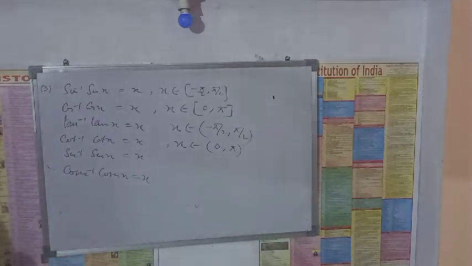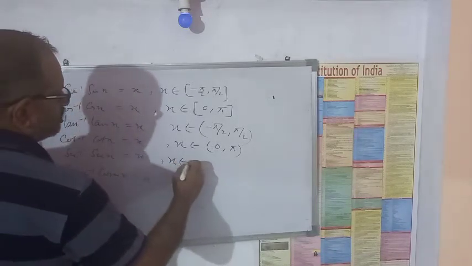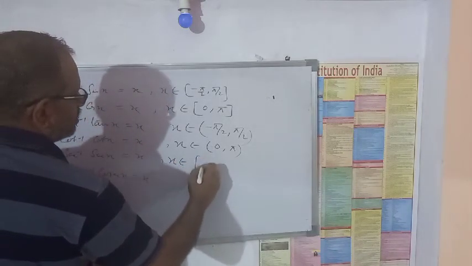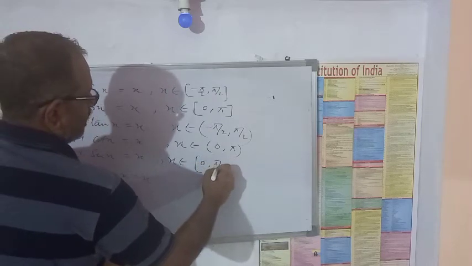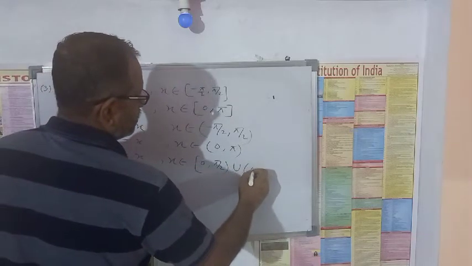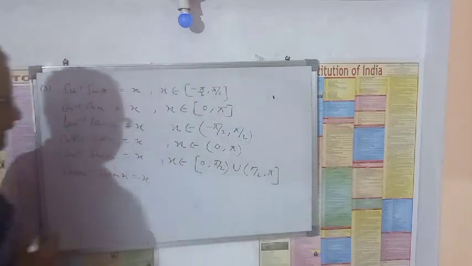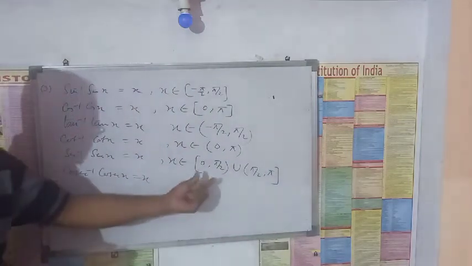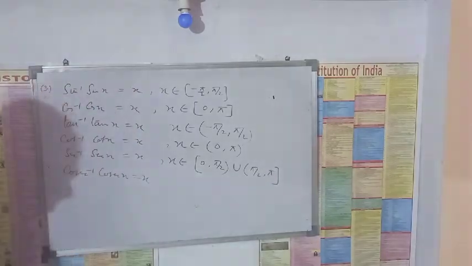Next, sec inverse sec x. So x belongs to 0 to pi by 2 union pi by 2 to pi. 0 to pi by 2 in this interval and pi by 2 to pi.